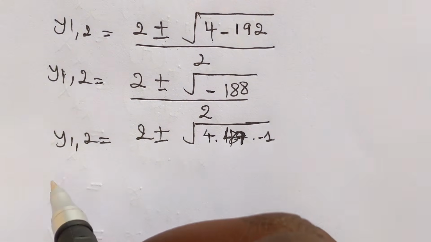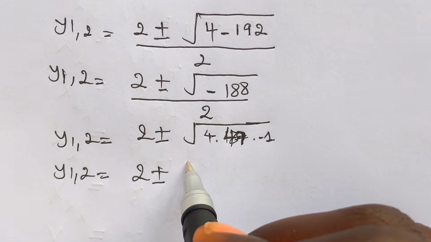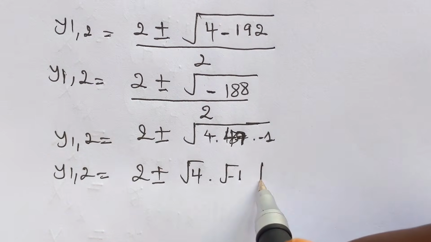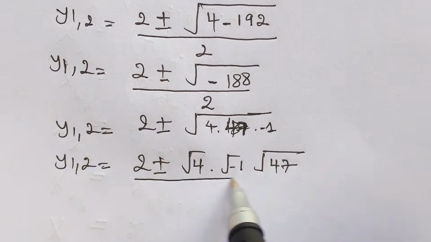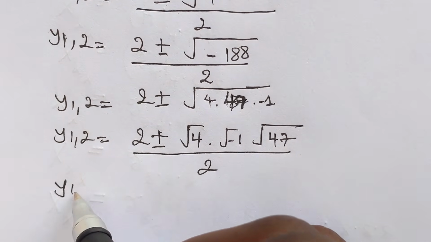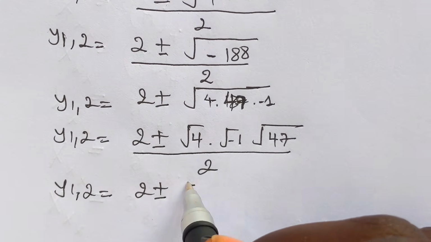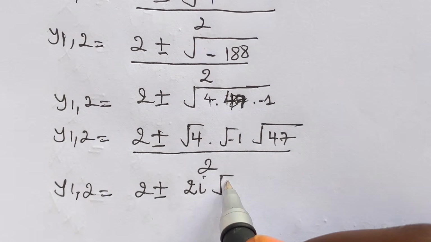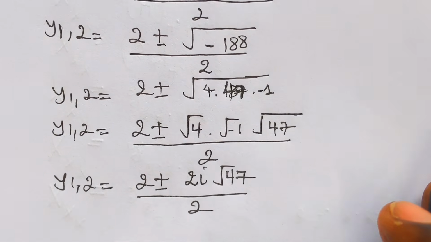And of course y1 and 2 will be 2 plus or minus the square root of 4 times the square root of -1 times the square root of 47 over 2, and y1 and 2 will be 2 plus or minus 2i square root of 47 over 2.